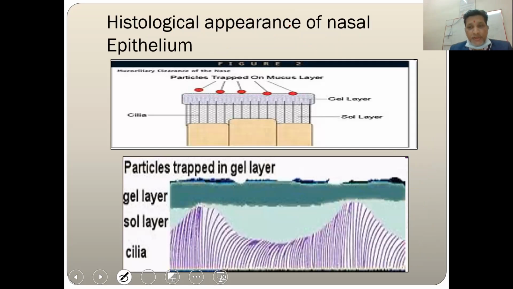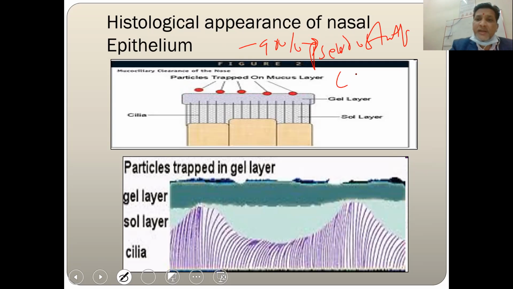Before getting into the discussion, let me take you to the histology of the nasal cavity epithelium. We have got three types of epithelium in the nasal cavity. About 90% of the epithelium is pseudo stratified ciliated columnar epithelium. This is a ciliary epithelium.